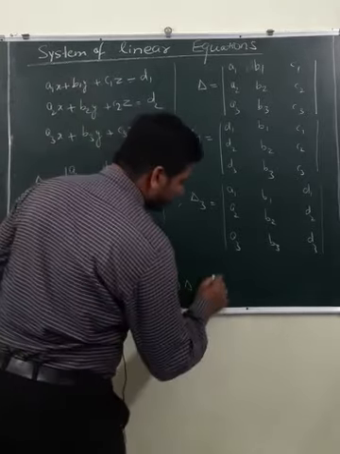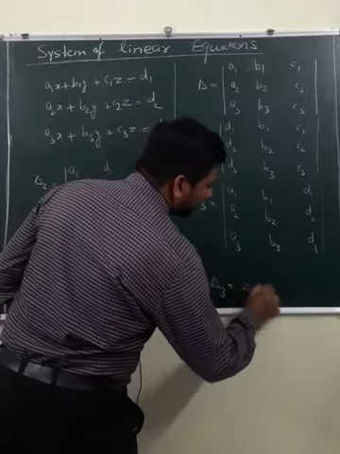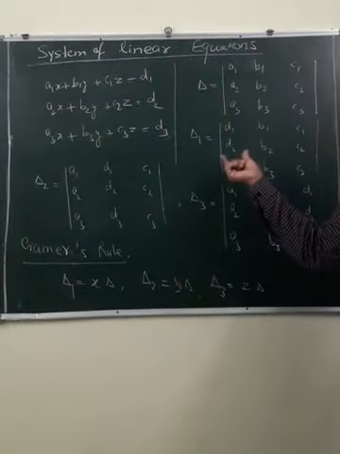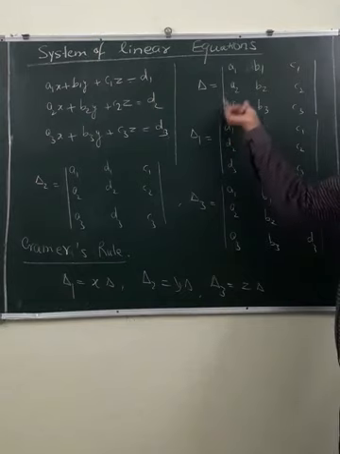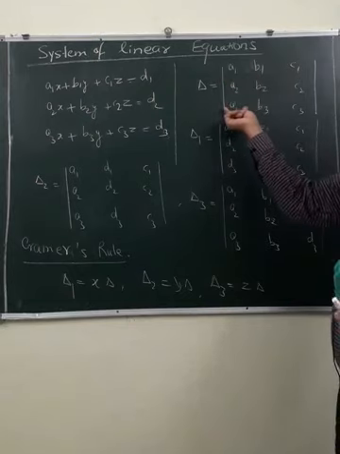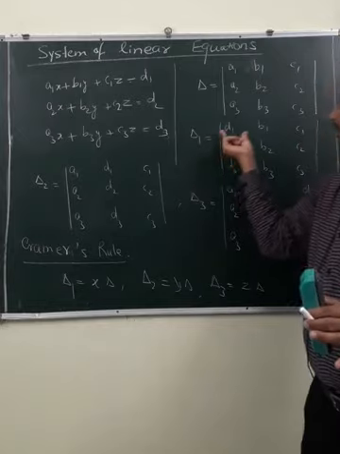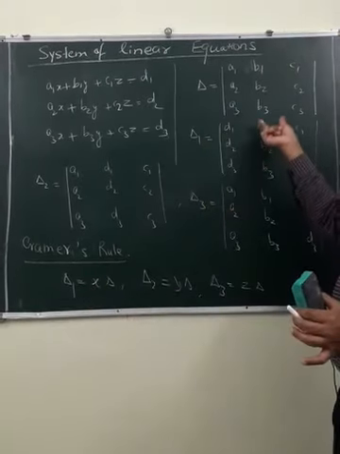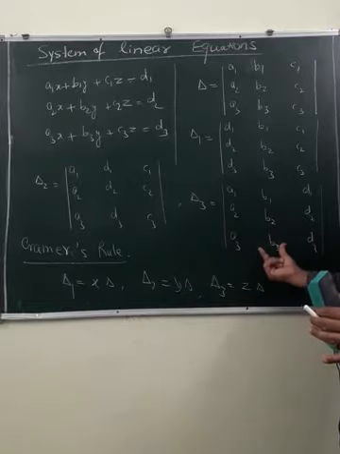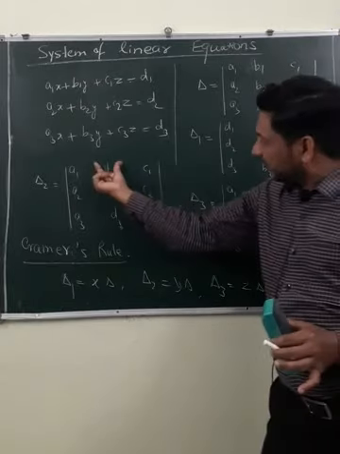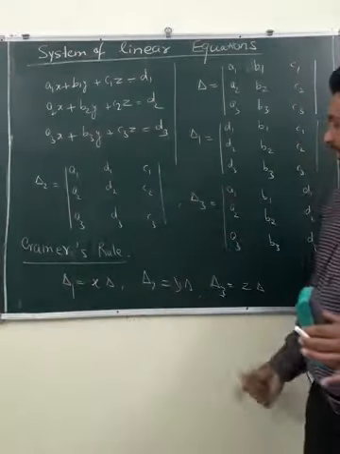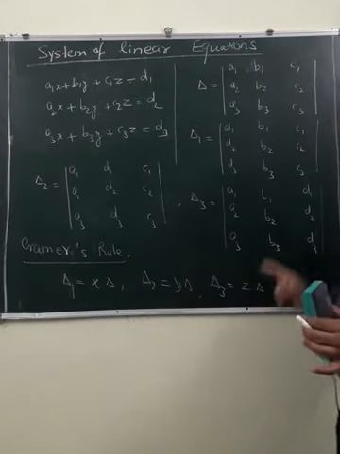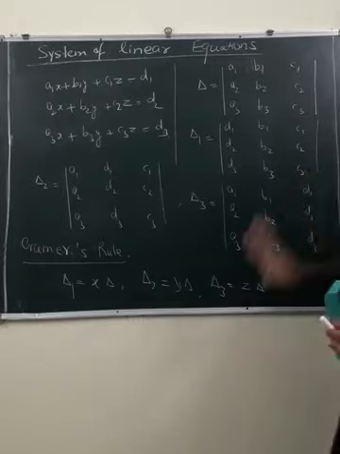And delta 3 is how much? z into delta. You can see here in delta 1 I have replaced the coefficients of the x column by D1, D2, D3, so delta 1 is x delta. Here the coefficients of y are replaced in delta 2 by D1, D2, D3. So we get delta 2 is equal to y delta, and similarly delta 3 is z delta.